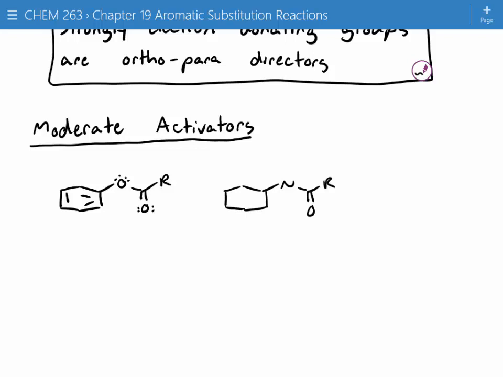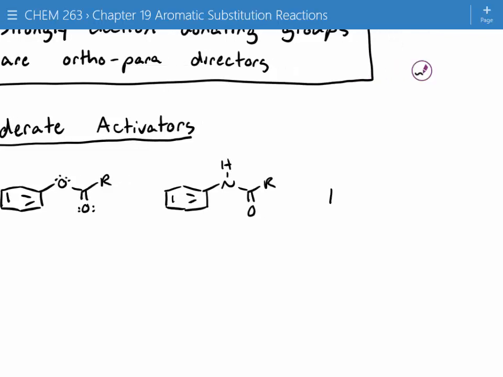We've got one that's an amide where the amide's got a hydrogen on it. And we've also got other types of amides where the nitrogen can have an alkyl group coming off of it. There is a lone pair on nitrogen, correct? Yep, let me finish drawing these in. Just making sure. Yeah, to fill the octet rule, the nitrogen has a lone pair on it.